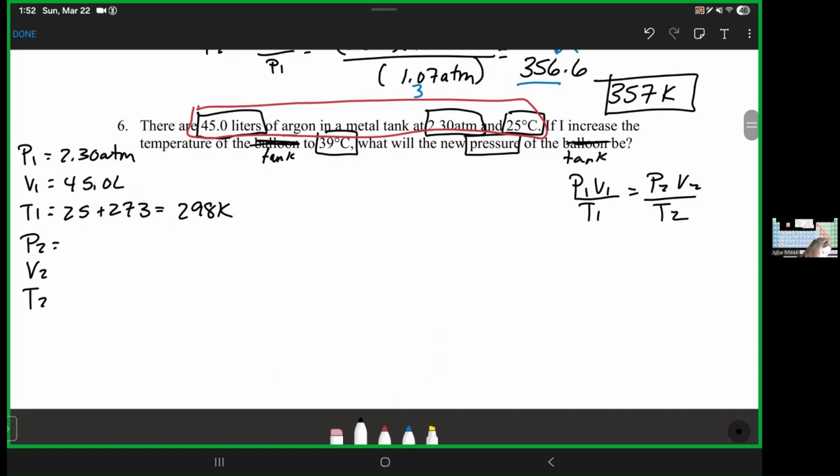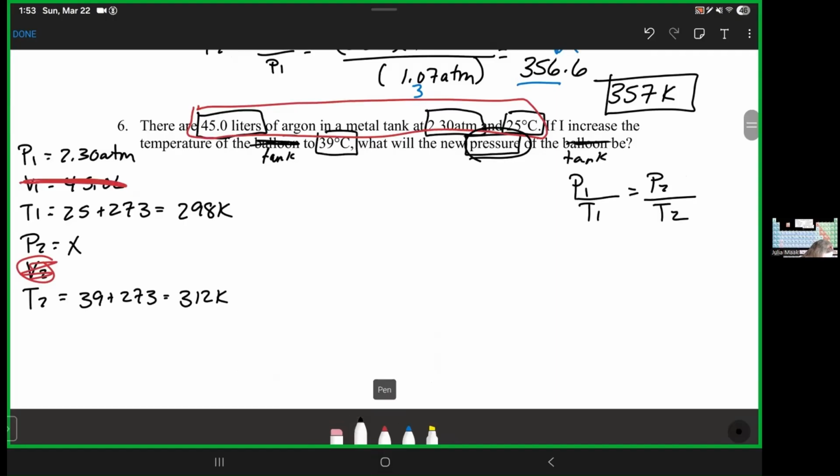And my second pressure, oh, that's what they're asking for. What will be the new pressure? And my second temperature was the 39 plus the 273, which I should be able to do in my head. That's 312 K. Okay, and so what you'll notice is they did not mention a second volume, which means your volume did not change. If they don't mention that it changed, it was held constant, we can ignore that volume. We don't care about volume. So we can leave the volume out of this equation.